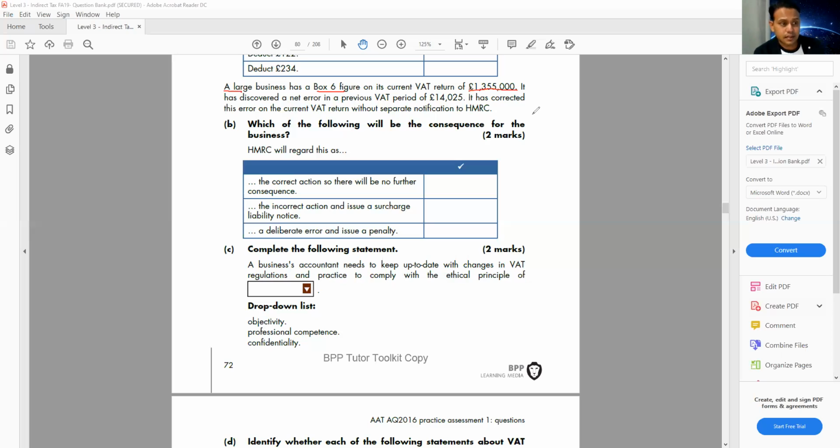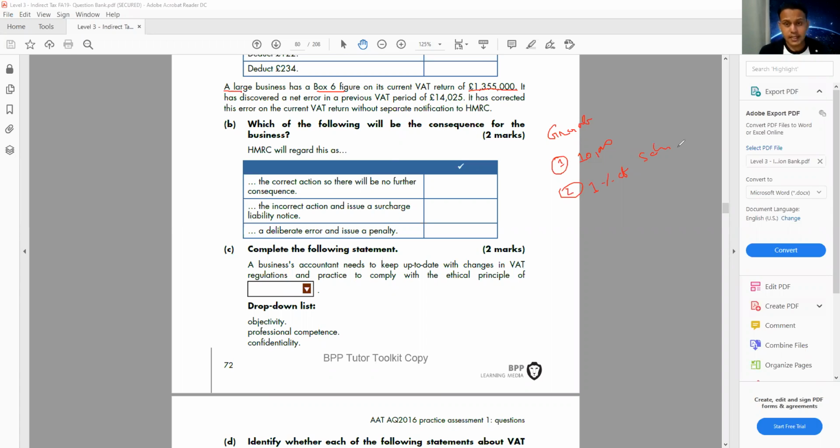What is the criteria? Do you remember that criteria? That is the greater of, isn't it, or higher of, 10,000 and 1% of the box 6. Very well done, correct? 1% of the box 6 sales.